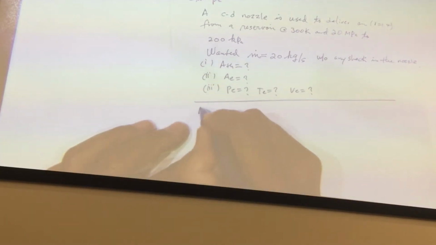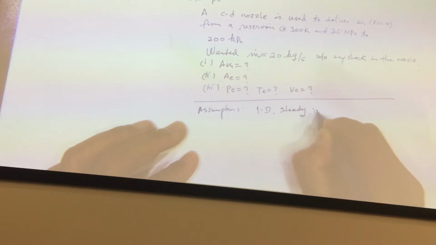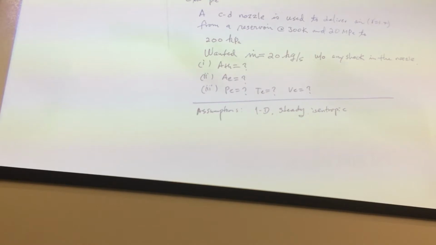So the first thing you do is assume 1D flow, steady, isentropic. That's what you want to do.